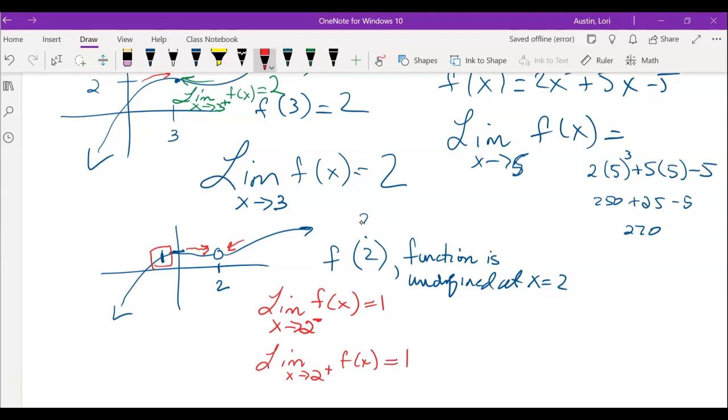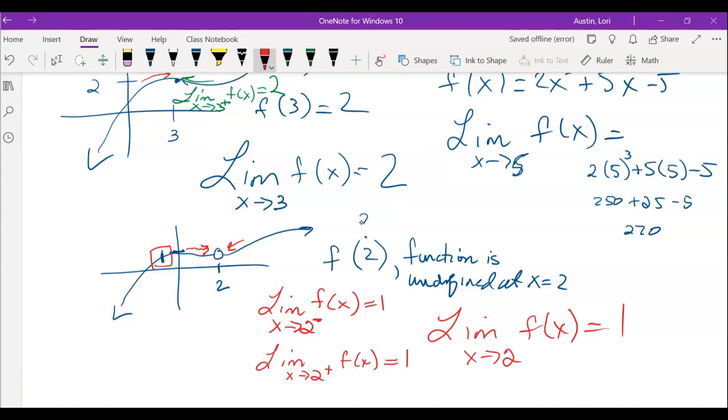So even though a function is undefined at x equals 2, it can still have a limit. And that's why we work with limits. A function can be undefined at the value itself, but it can still have a limit. The limit exists, even though that didn't exist.